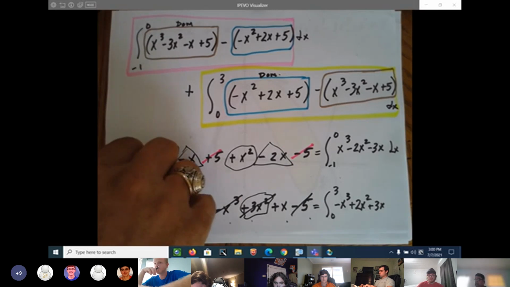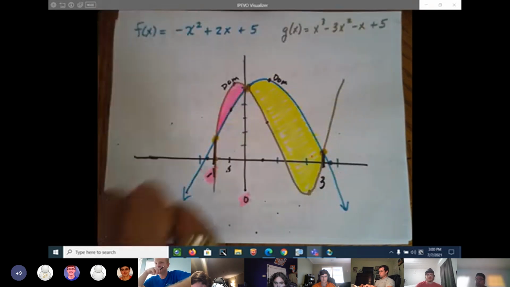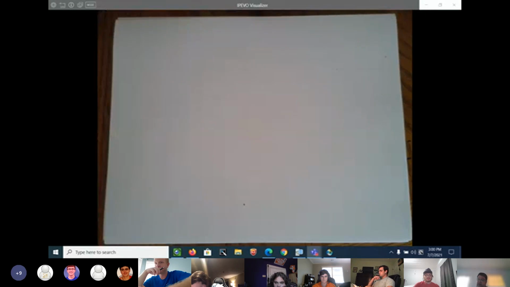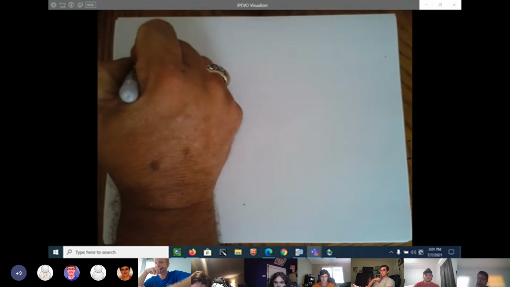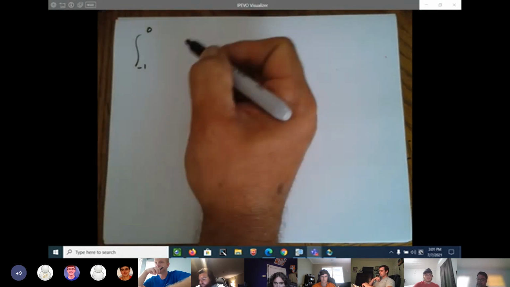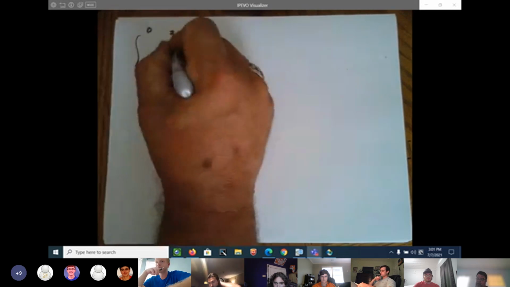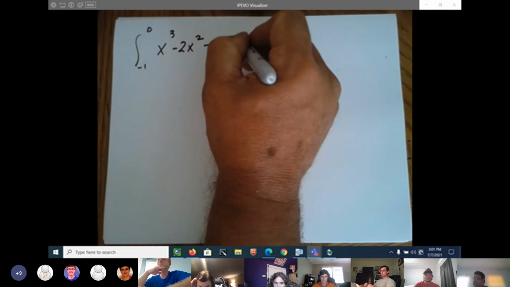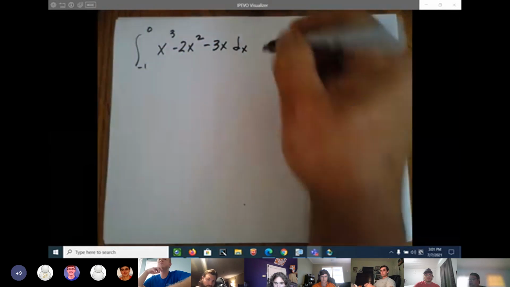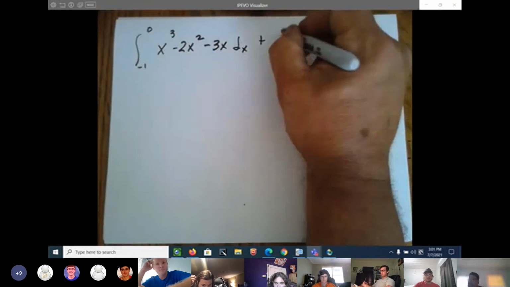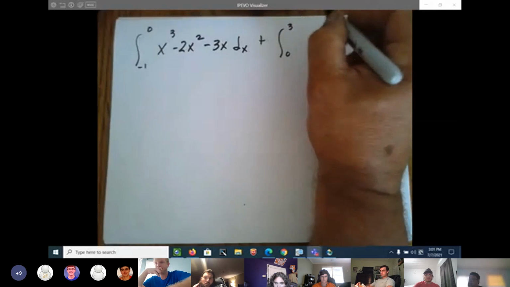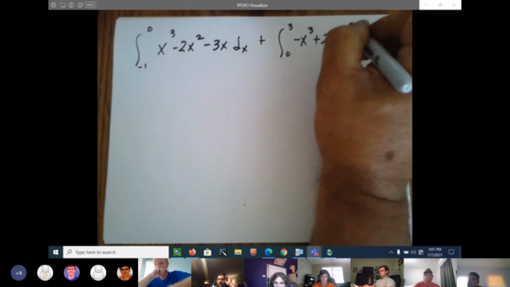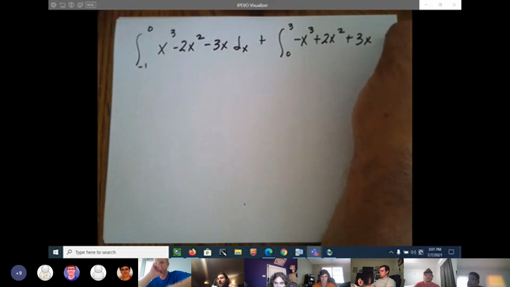So all right, here's what we got. We've got the interval from -1 to 0 of x cubed minus 2x squared minus 3x dx plus from 0 to 3 of -x cubed plus 2x squared plus 3x dx.